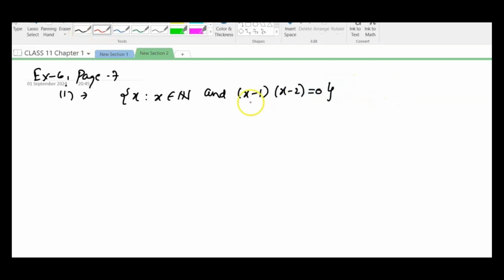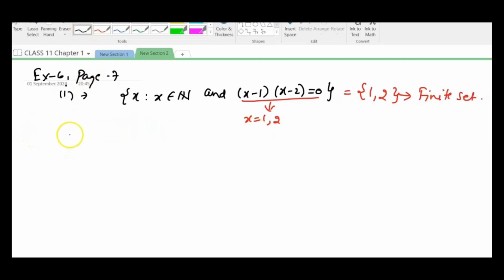So, it's very easy. This gives us x is equal to 1 and x is equal to 2. And they both are natural numbers. So this set will be {1, 2}. It contains 2 elements and therefore this is a finite set.